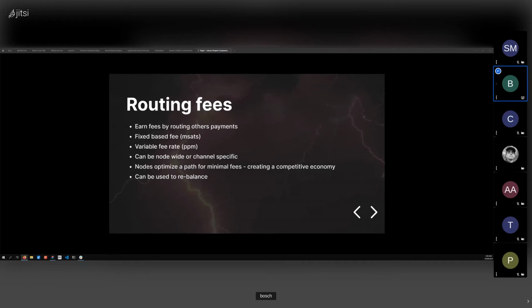Maybe you want to charge a larger fee with that channel. It can get quite complicated if you have 20 channels or more with different fees on each. It becomes a lot of monitoring and changing fees on each channel. But you can just set it node wide if you want, which is probably an easy way to do it.